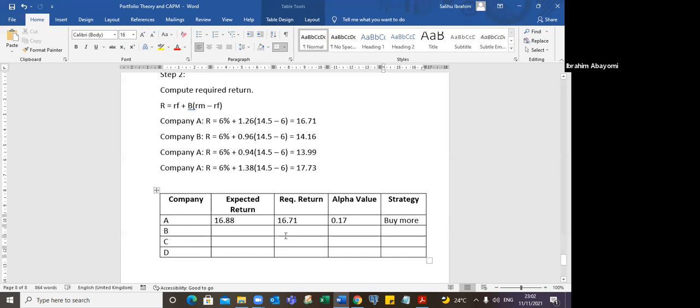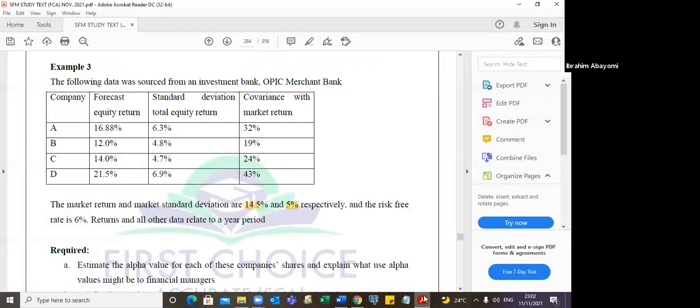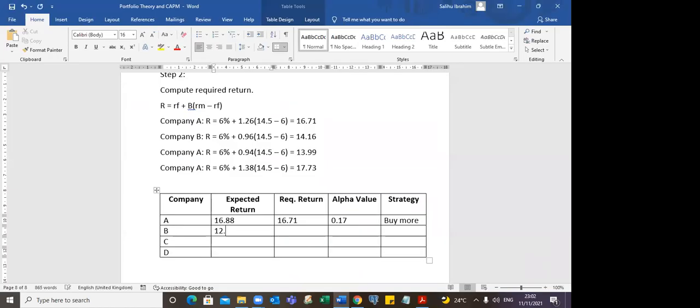Then for B, the expected return is 12.0, the required return is 14.16, and the alpha value is minus 2.16.